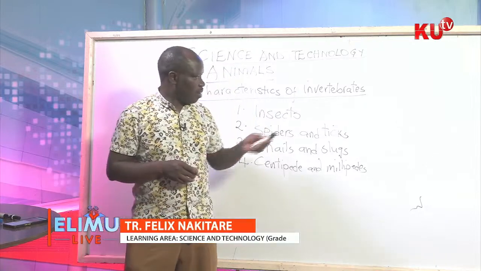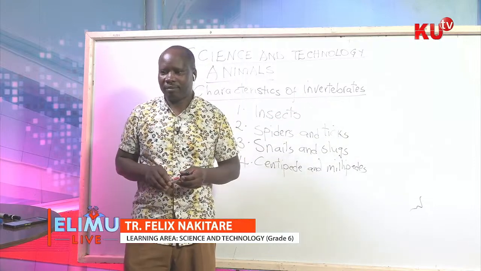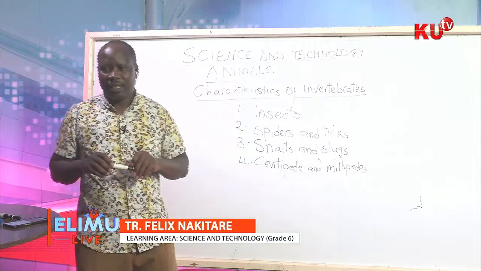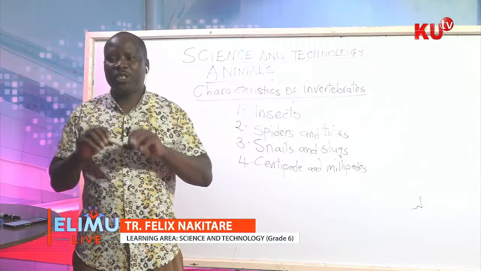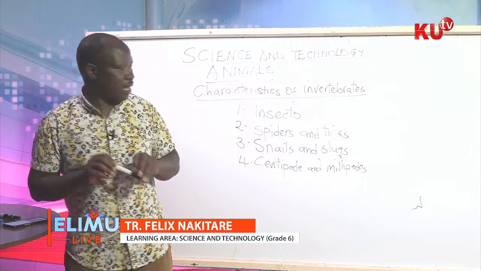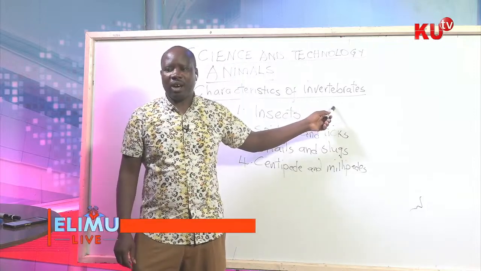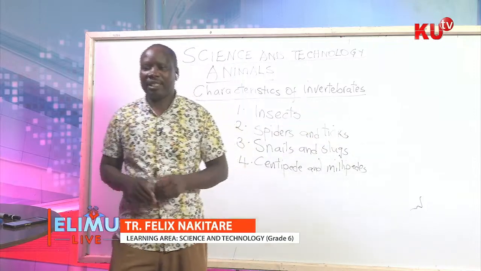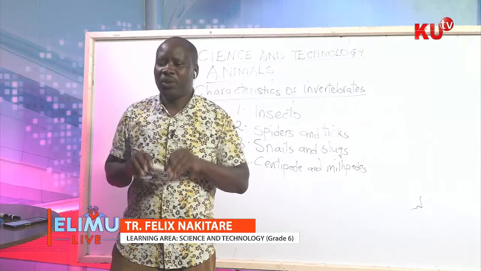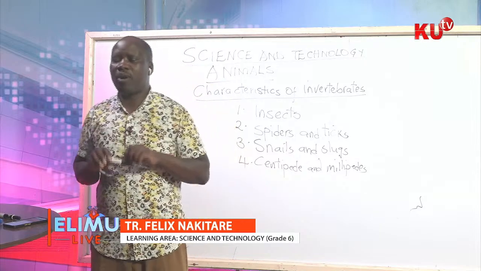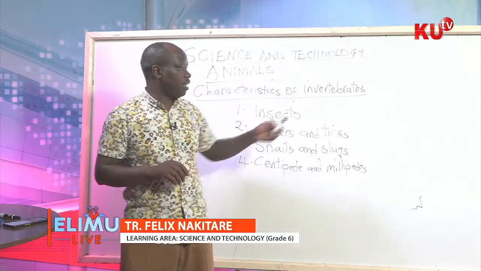We've started by defining what invertebrate is, which now when you're asked, define what an invertebrate is, you should be able, as we have said, invertebrates are animals, and that simply means when you get any invertebrate, you cannot get any bone when you kill or when you dissect a body of an invertebrate.